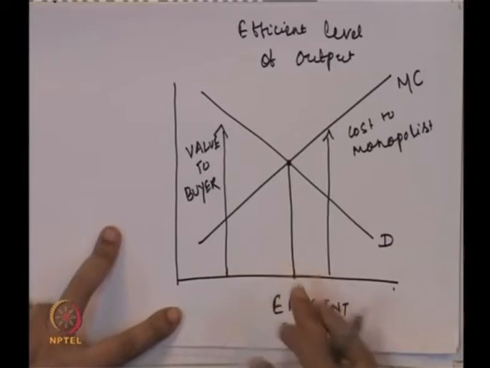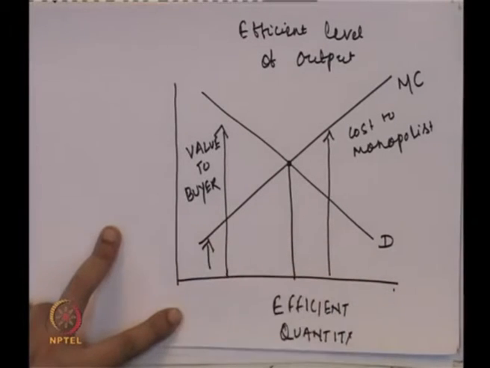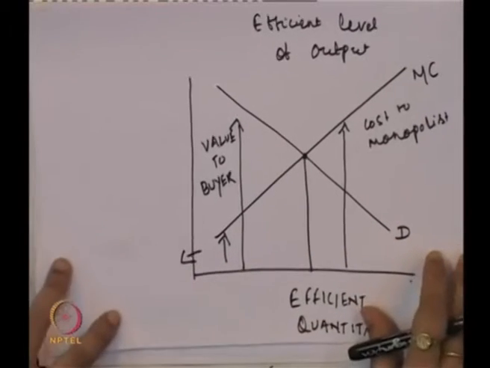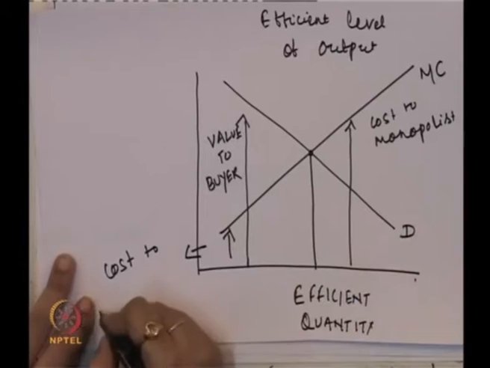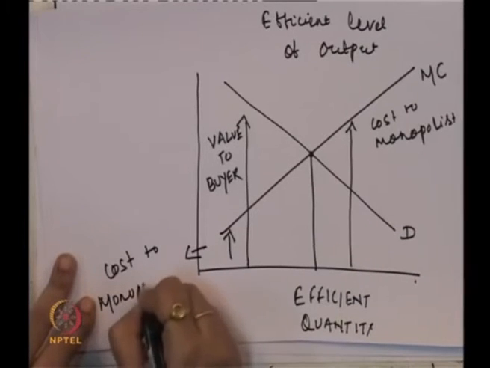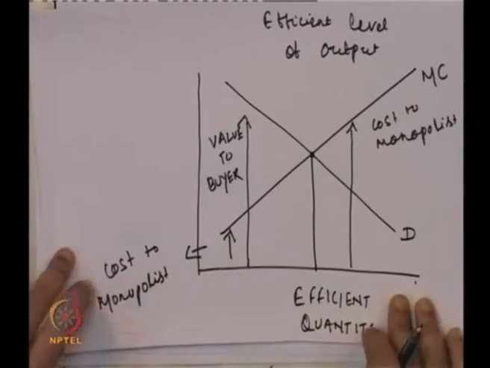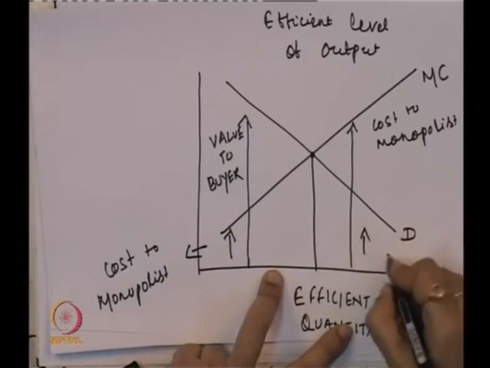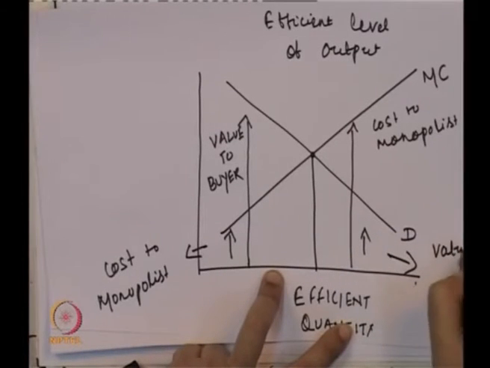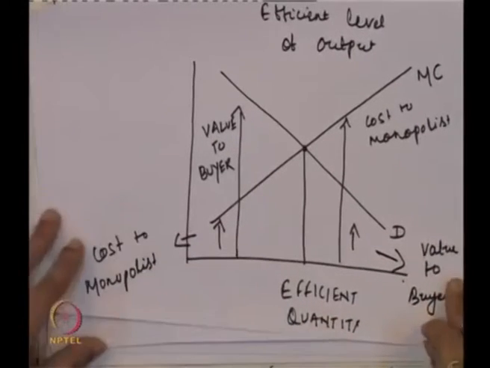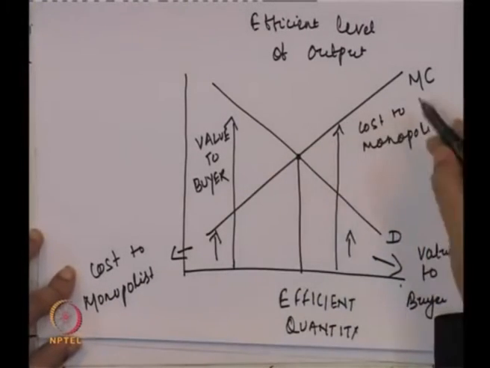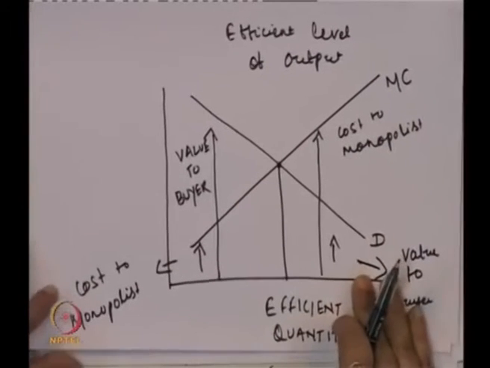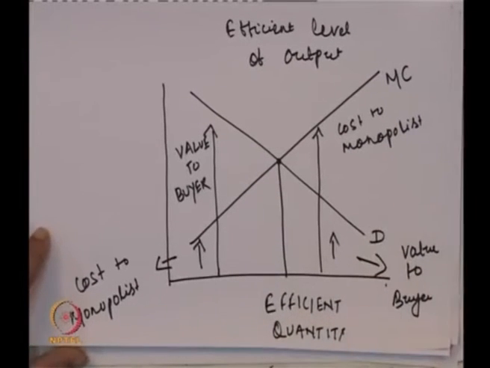Corresponding to this, this is again the cost to the monopolist, and here again this is the value to the buyer. Because we identify this value to buyer and cost to monopolist on the basis of the marginal cost and on the basis of the demand curve.